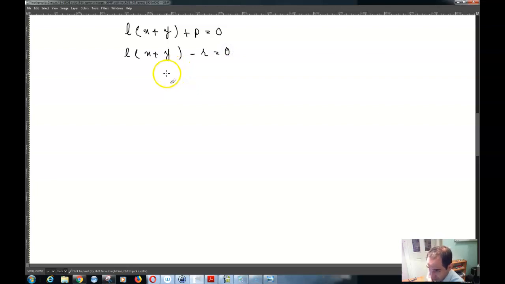And so these lines, you need to write them in the general form, meaning that you can write this line, call this 1, call this 2.